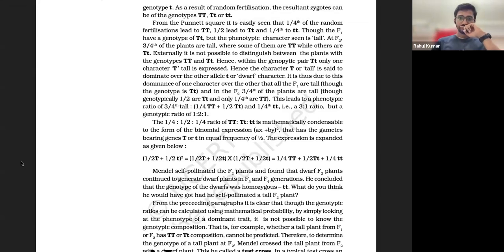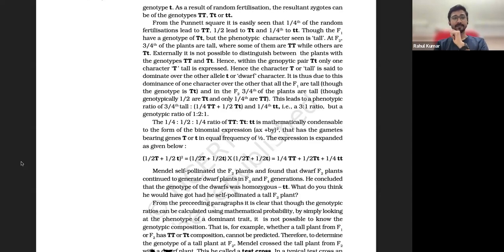Hence, within the genotypic pair capital T small t, only one character, T tall, is expressed. Hence, the character T or tall is said to dominate over the other allele, small t or dwarf character. It is thus due to this dominance of one character over the other that all the F1 are tall, though the genotype is capital T small t, and in the F2, 3/4 of the plants are tall, though genotypically half are capital T small t and only 1/4 are homozygous T.